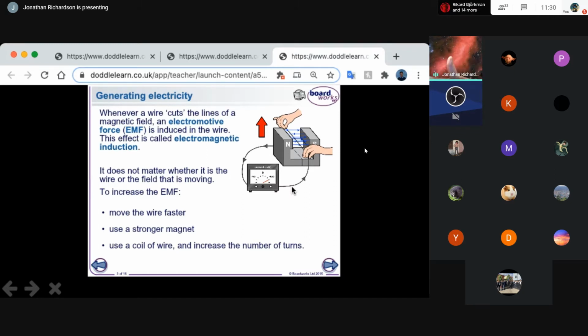The motion is directed upwards, as you can see from the thumb pointing upwards. Which direction results? Well, the second finger shows the direction of the current, which means that it's going in this direction through here. So the current is flowing around in this direction.